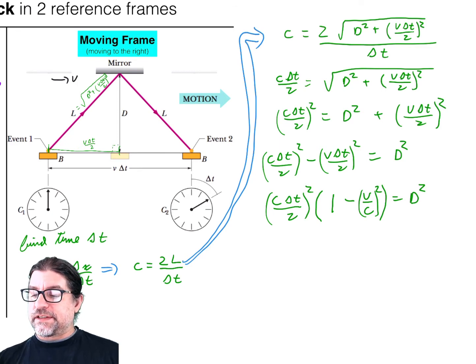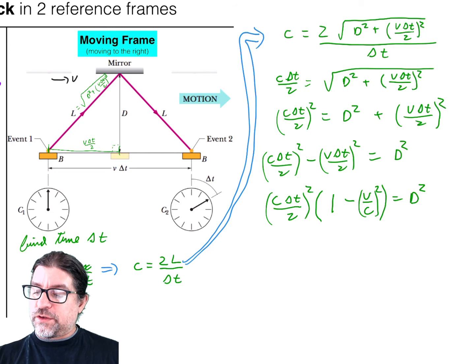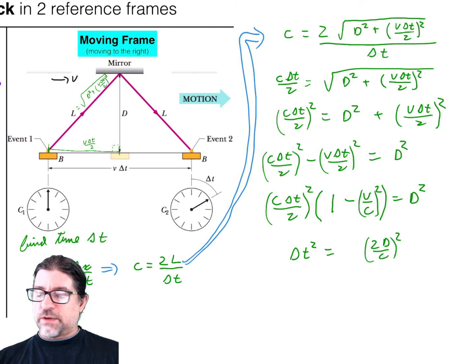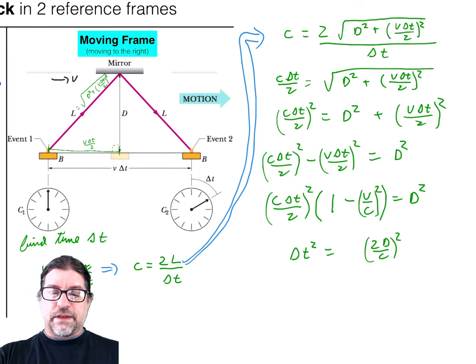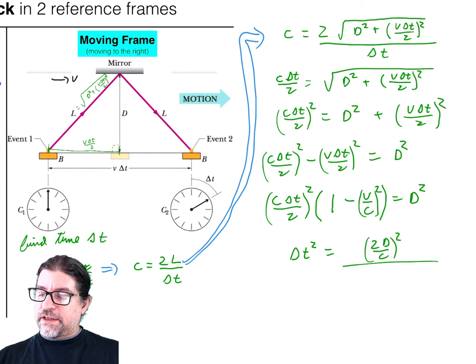Let's see here. I'm going to isolate delta t. So let's move everything to the right-hand side except that delta t. I end up with delta t squared equals (2d over c) squared, and that comes from moving the c and the 2 over, all divided by 1 minus (v over c) squared.